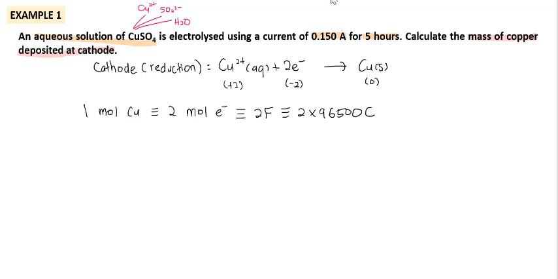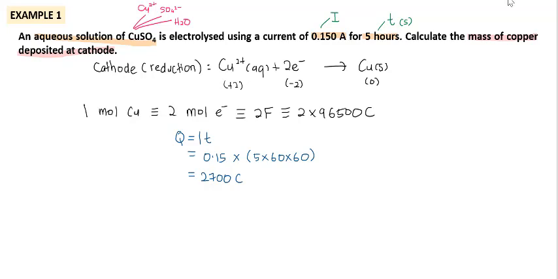Since we have the current and also time, don't forget to change the time into seconds, we can calculate the value of Q, which is the quantity of charge used in this electrolysis. The quantity of charge used in this electrolysis is 2700 coulomb.